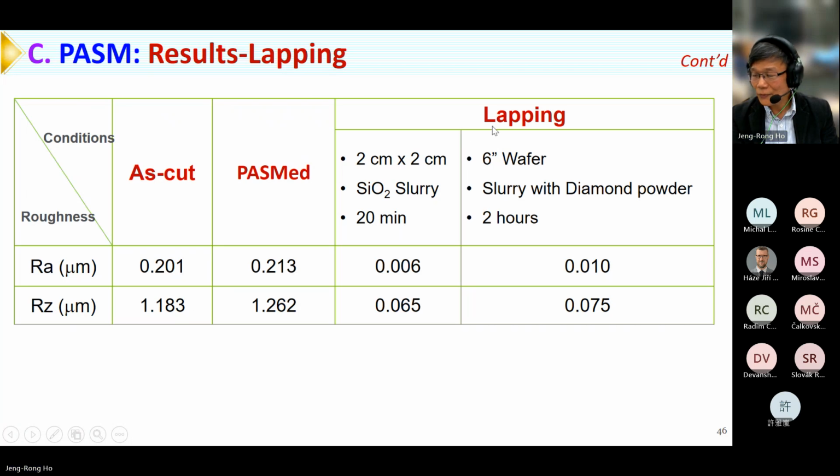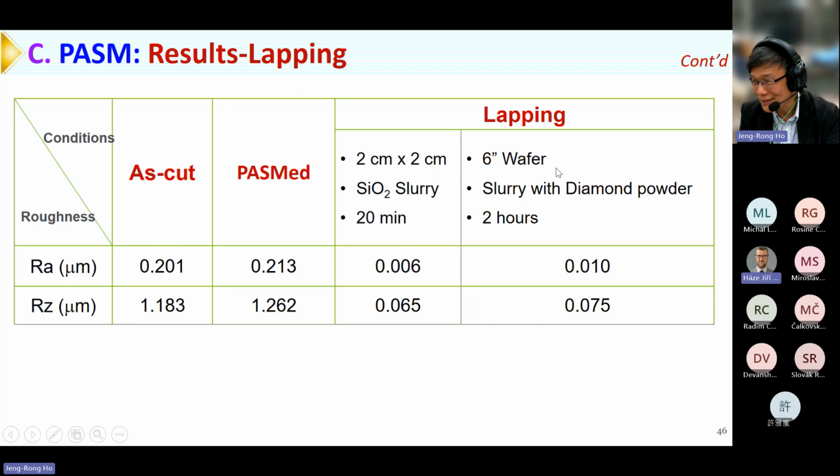But besides 6-inch lapping, we also do lapping in our laboratory for only 2 centimeter by 2 centimeter samples. For this one we use silicon oxide as the slurry, and with 20 minutes of lapping, we can get down to 0.6 surface roughness. Because this is conducted in my lab, we are already very familiar with this equipment.